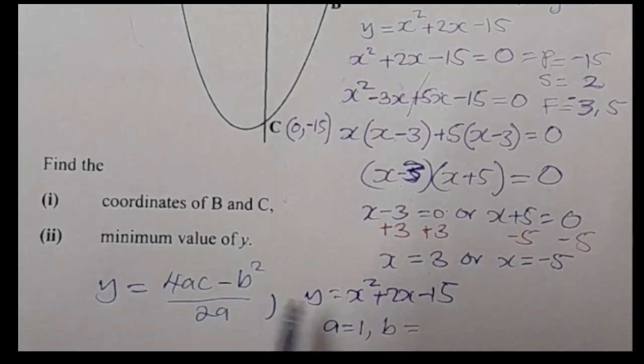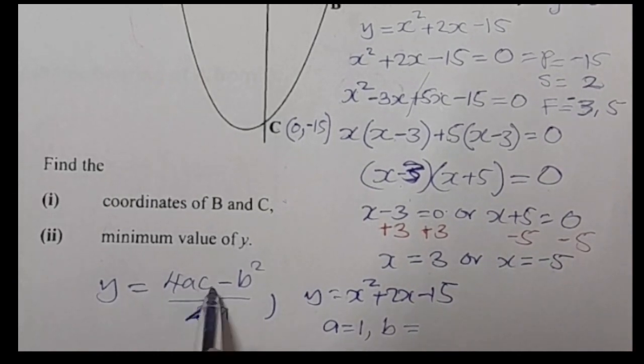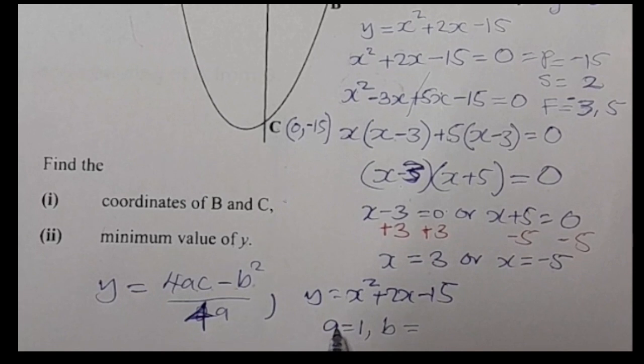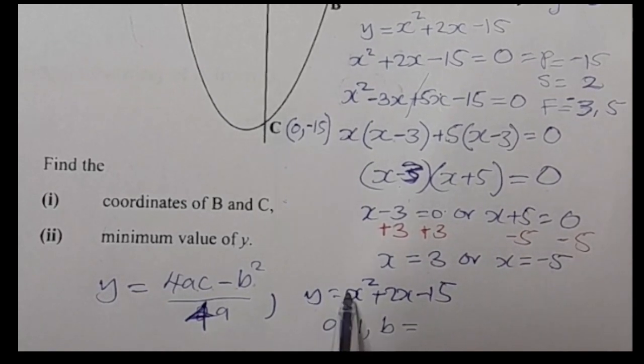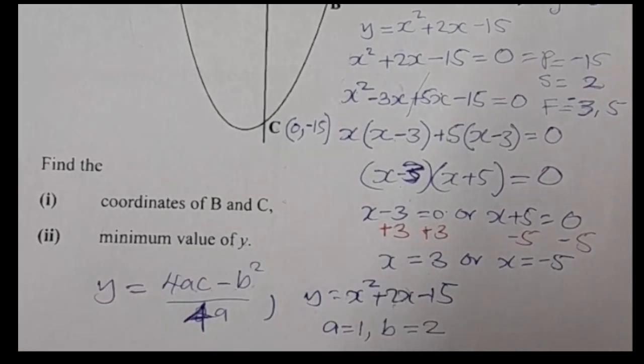Then b, okay, here it's actually 4a, sorry. 4ac minus b squared over 4a. So the value of a is the coefficient of x squared, then the value of b is the coefficient of x here, which is 2. So now we can replace these in the formula.